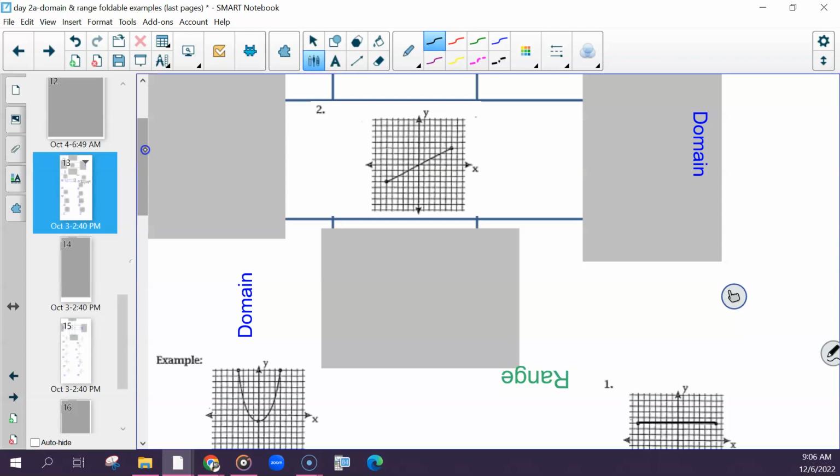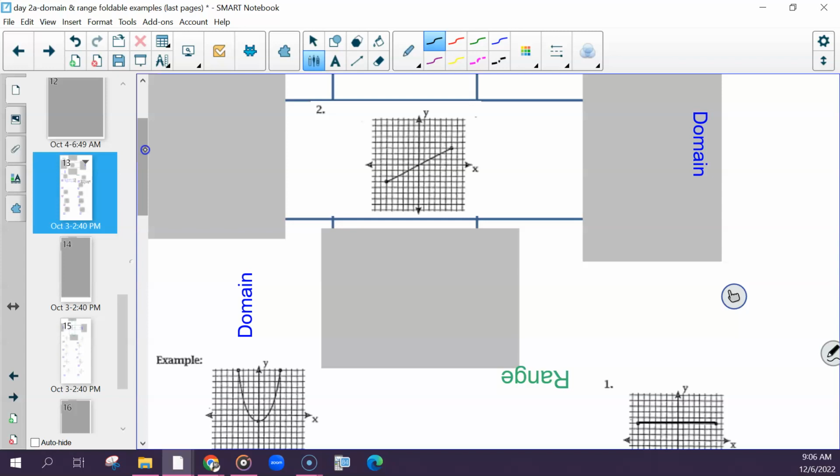Some of you may have already started working on 2, which is fine. Whether you're using the foldable or not does not matter. Now I'm not going to be using the foldable, but you still can, and if you need me to show how to do that, just let me know. But now I'm going to talk through what would happen if you weren't using it.